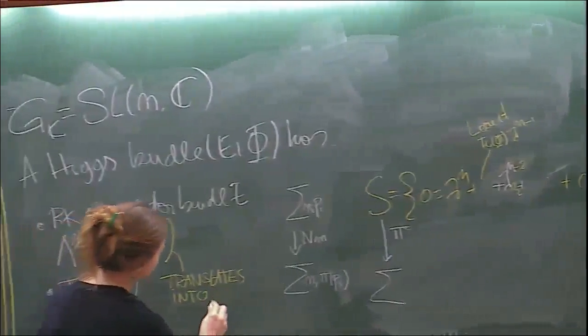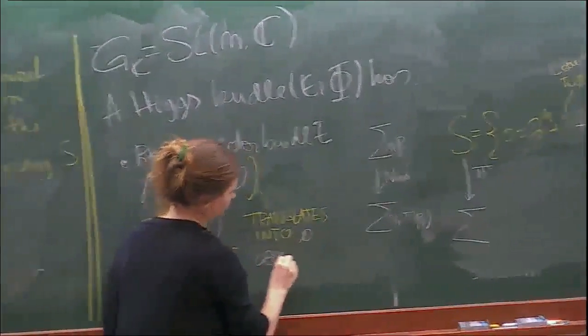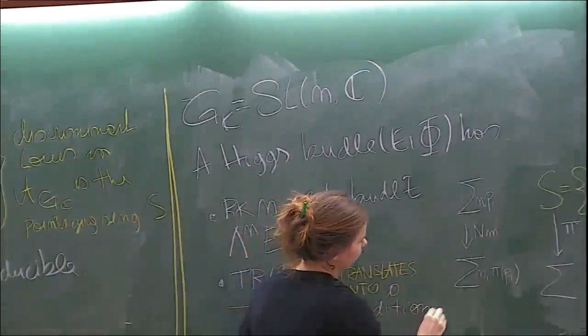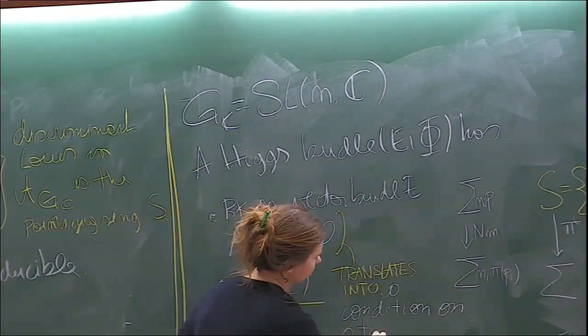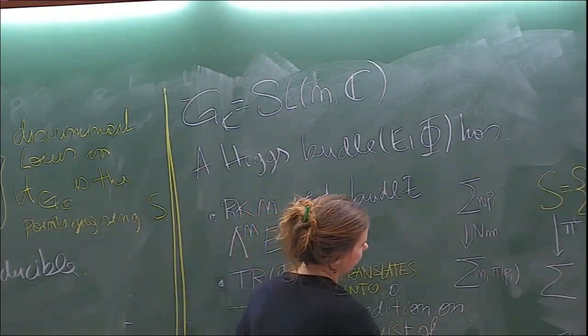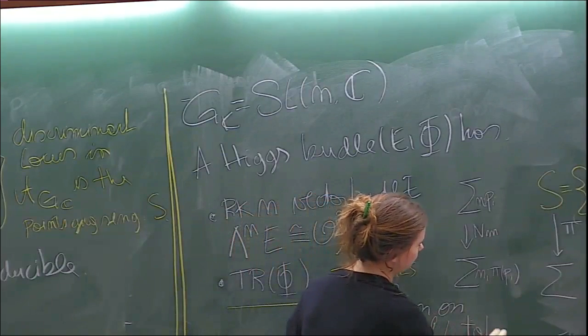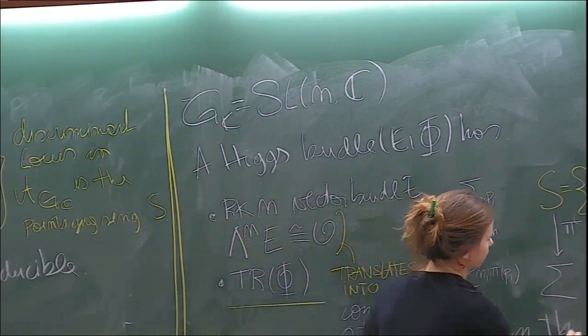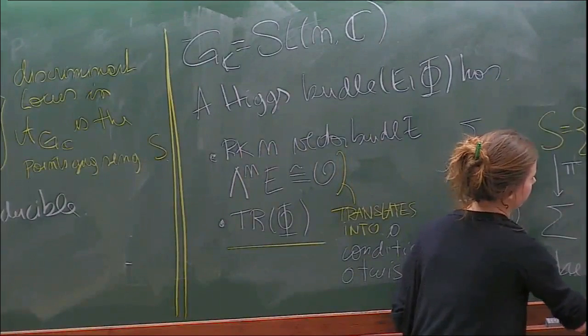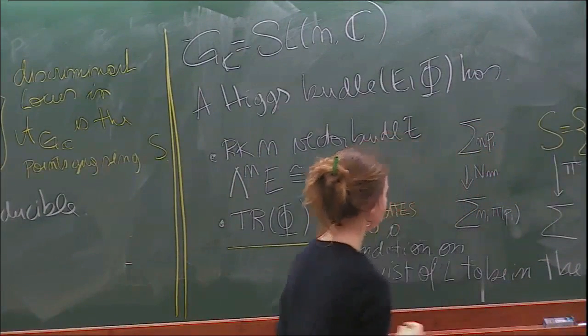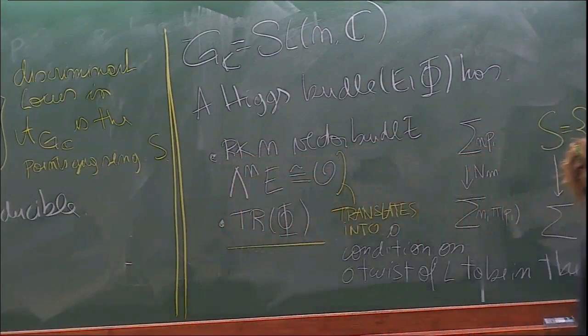So it becomes a condition on a twist of L to be in the Prym variety.